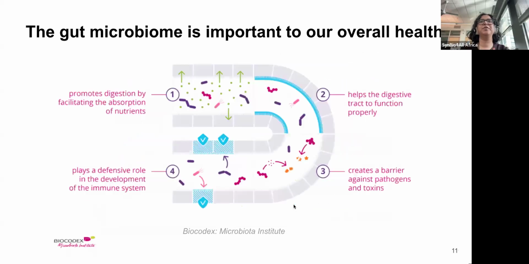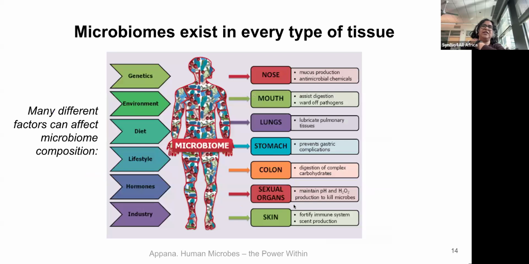Okay, awesome. So let's move on to this slide. If there's no more questions, I can pause again, just in case. Cool. So yeah, microbiomes exist everywhere beyond just the gut.